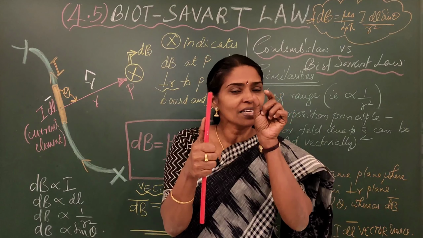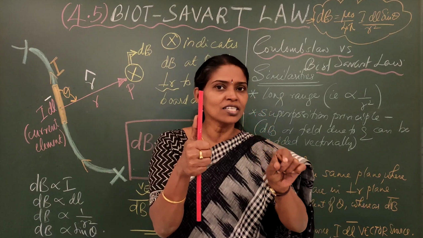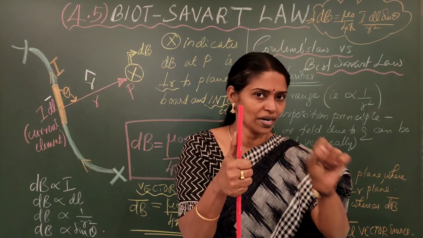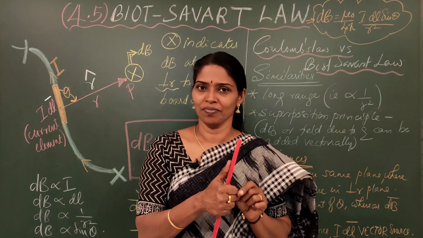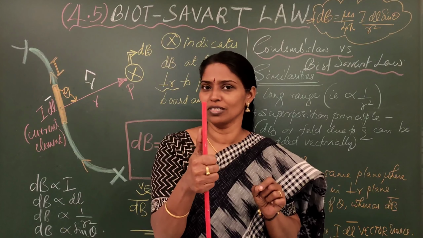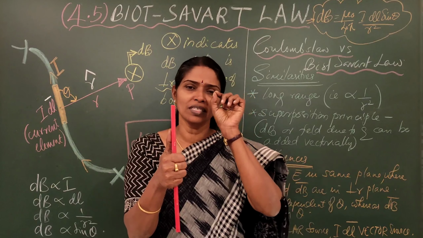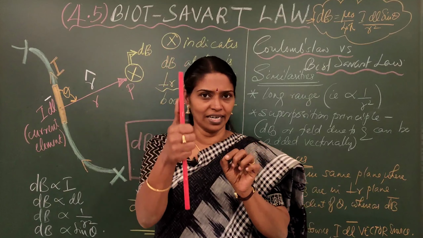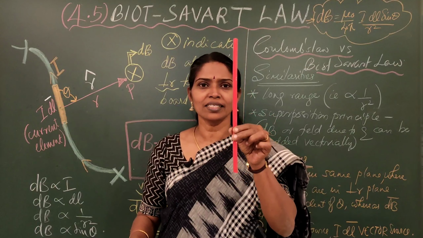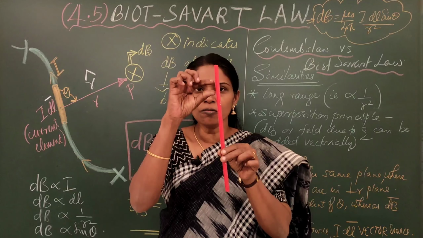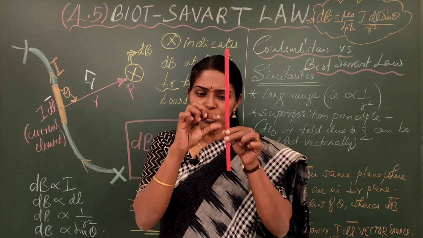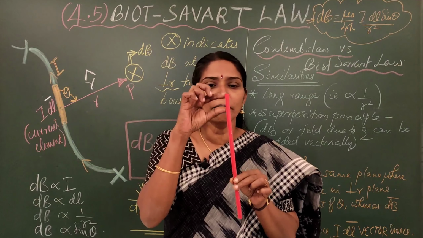So, the magnitude of the magnetic field is given by Biot-Savart's law. That's why you use Biot-Savart's law. And the magnitude is found by taking this conductor and splitting it into short portions, very small portions known as elements.